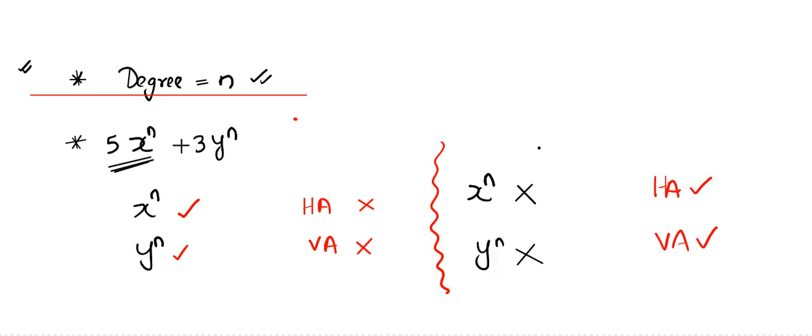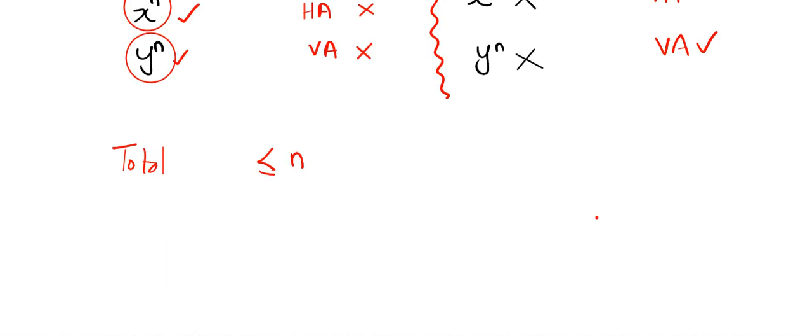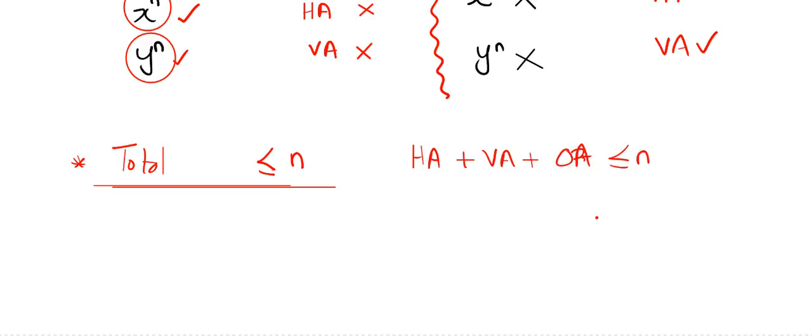Point number 2, check whether your expression contains x power n and y power n, and the conditions if they are present or not present. The third thing is that the total number of asymptotes will never exceed the degree. That is, horizontal plus vertical plus oblique asymptotes should be less than or equal to n.